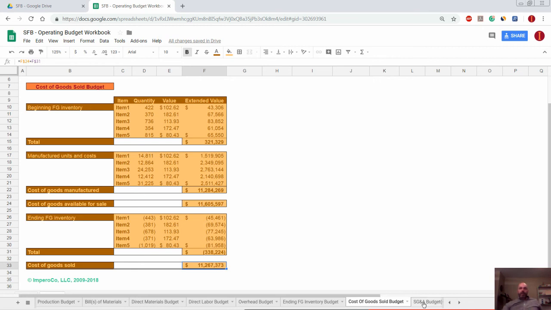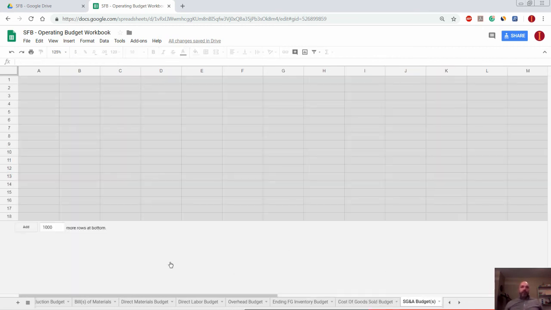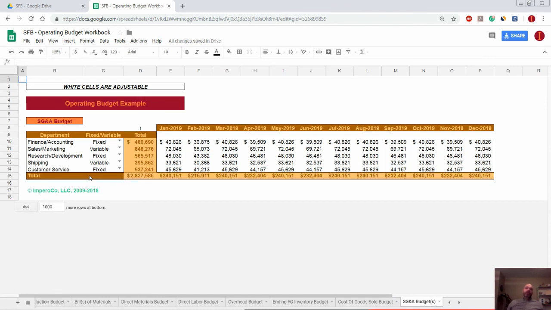All right. Then the final piece of the pie, and it's maybe too simplistic, but in any event, it's all the other departments. Okay, so these are all our selling, general, and administrative expenses.